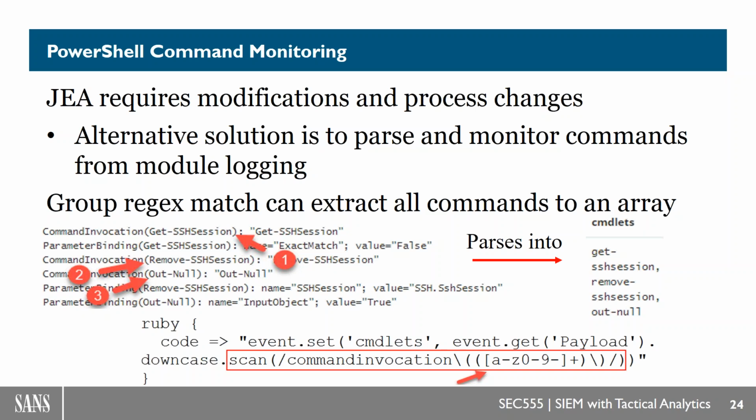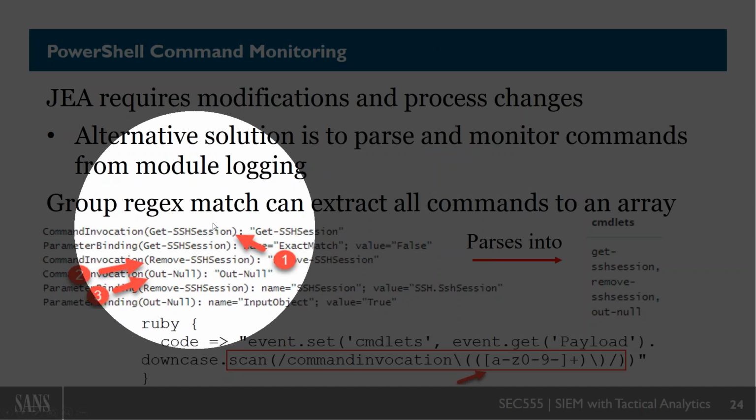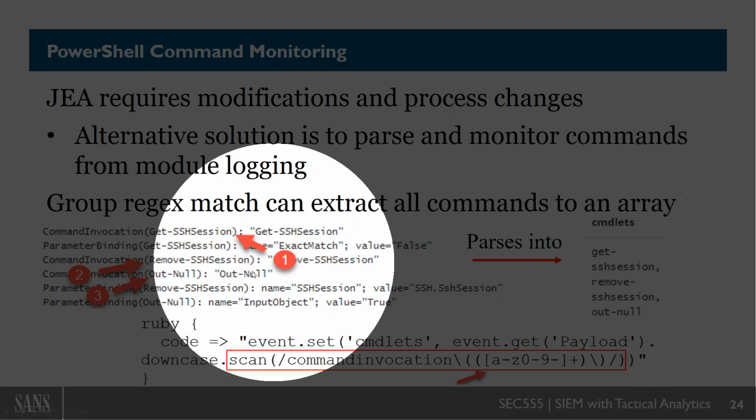What we can do, though, is take PowerShell module logs into your SIEM and use its parsing capabilities to automatically extract the cmdlets. So we look here. I'm pulling out Get-SSHSession, Remove-SSHSession, Out-Null.